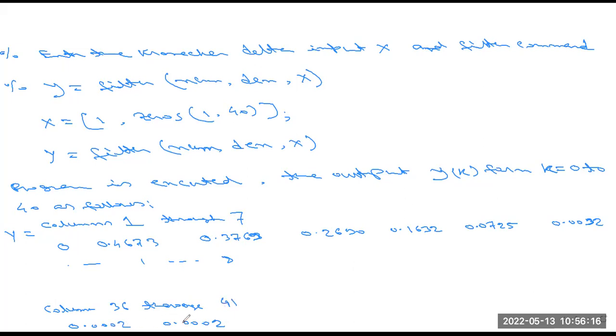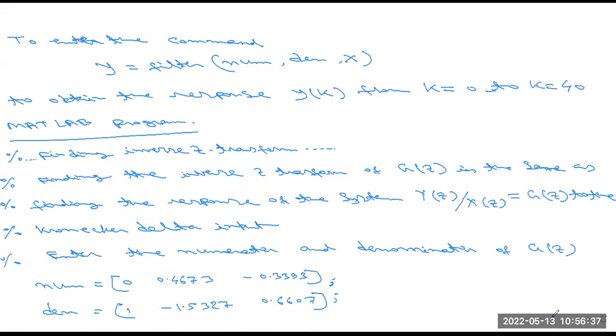You can see sometimes it changes or sometimes it does not change. That is 0.002, then 0.002 again, then again 0.000002, then again 0.0000002, and lastly you have to see 0.00001.